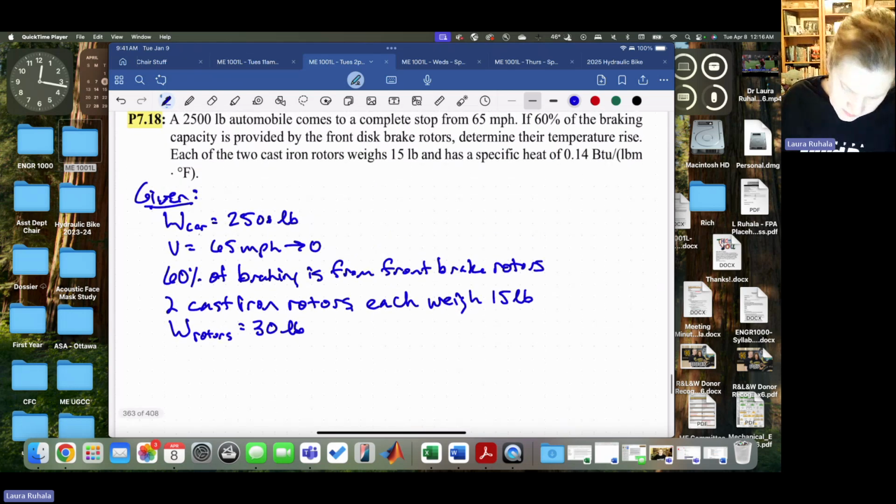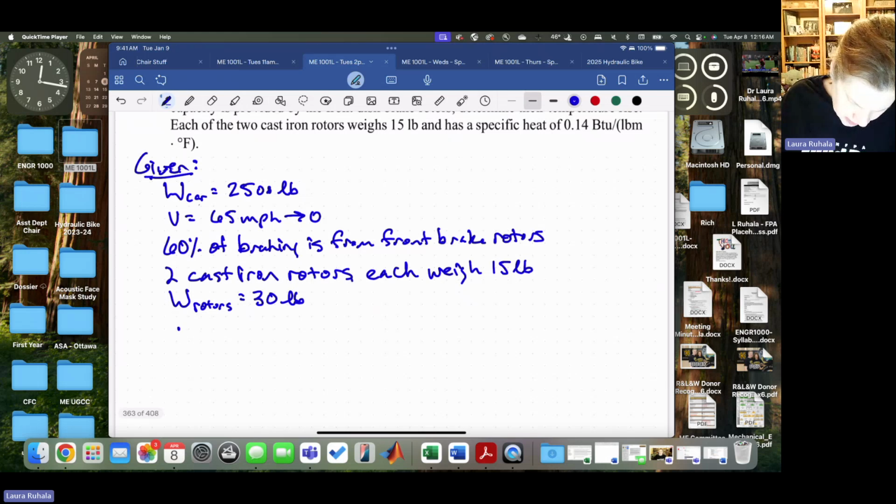And lastly, the specific heat. So the specific heat of this cast iron is going to be 0.14, kind of crazy units. The unit is BTU per pound mass degree Fahrenheit.